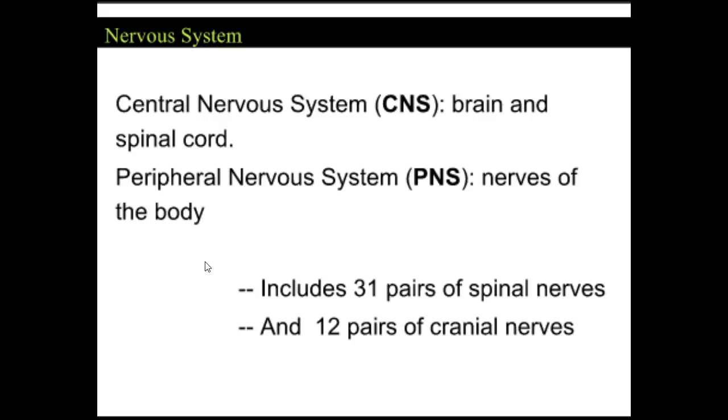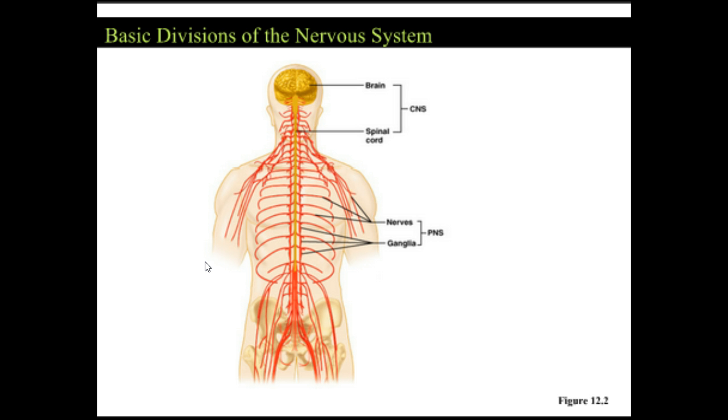The peripheral nervous system is the nerves of the body. We actually have 31 spinal nerves and 12 pairs of cranial nerves. And here we have our spinal cord and our brain, and then we have nerves coming off of our spinal cord.